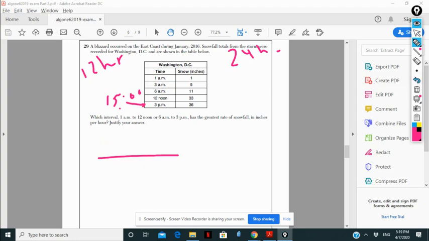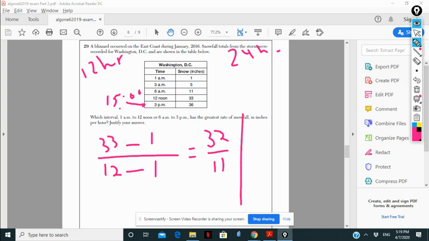He wanted to see the interval which one has the greatest rate. So I have from 12 noon to 1 a.m. The value at 12 noon was 33. The value at 1 was 1. So it's 32 over 11.